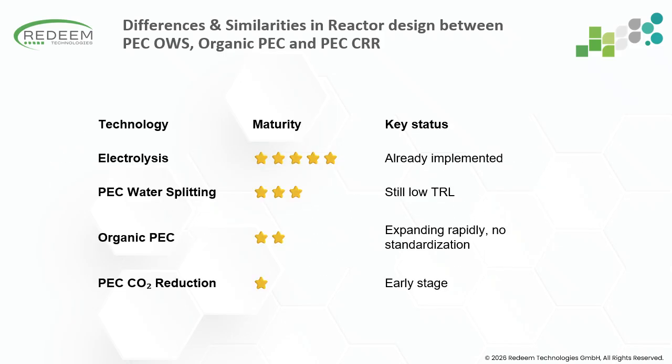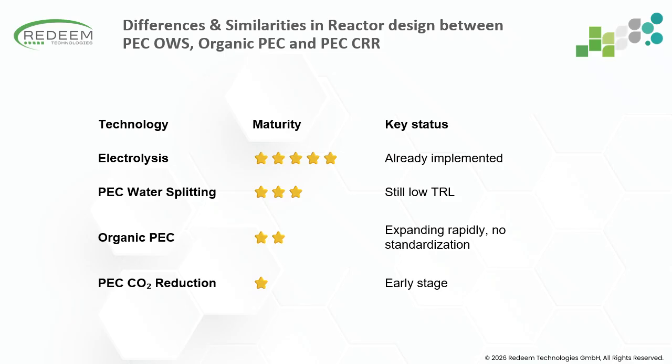This slide should illustrate a little bit the current maturity of the different technologies. We have as a gold standard the conventional electrolysis, which is already established in industrial technology, followed by photoelectrochemical water splitting that has reached the most maturity here, but the large-scale implementation is still limited.